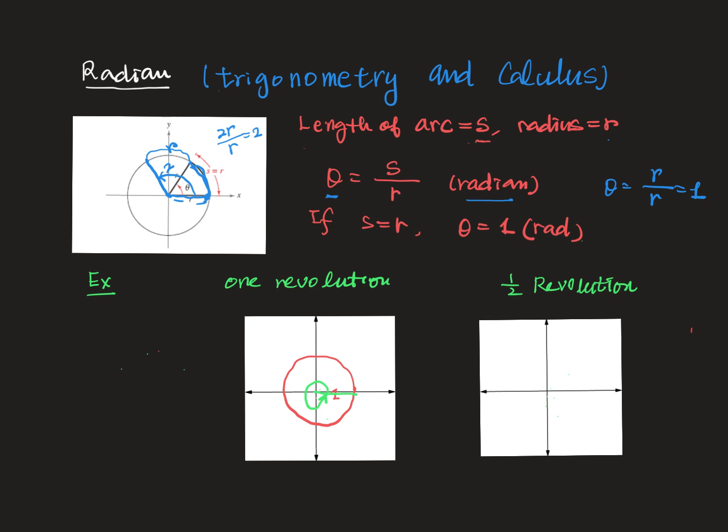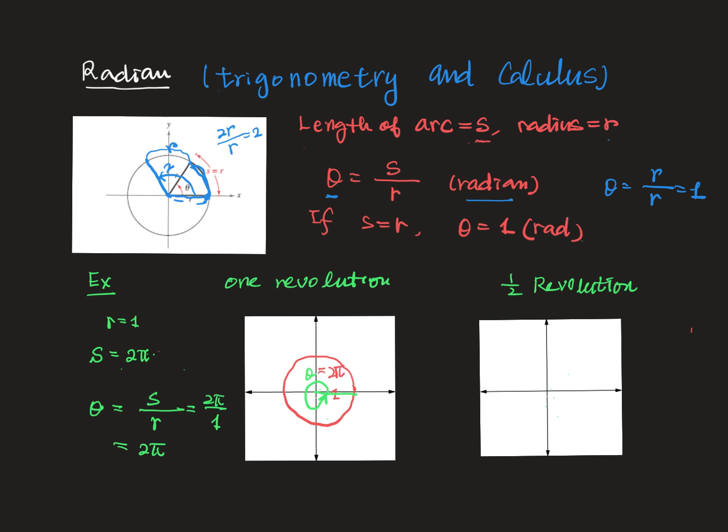How can we find this angle in radians? It's going to be one revolution. So find s, which is the circumference of the circle. So 2 pi r, and r is 1, so 2 pi. How do we find the center angle theta? s over r. s is 2 pi, r is 1. That's 2 pi. So for one revolution, theta is 2 pi.